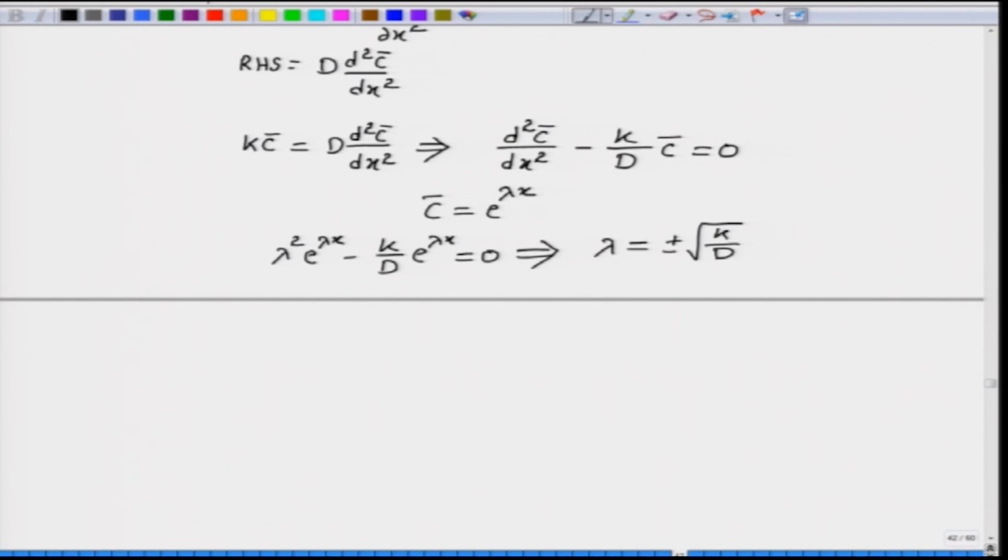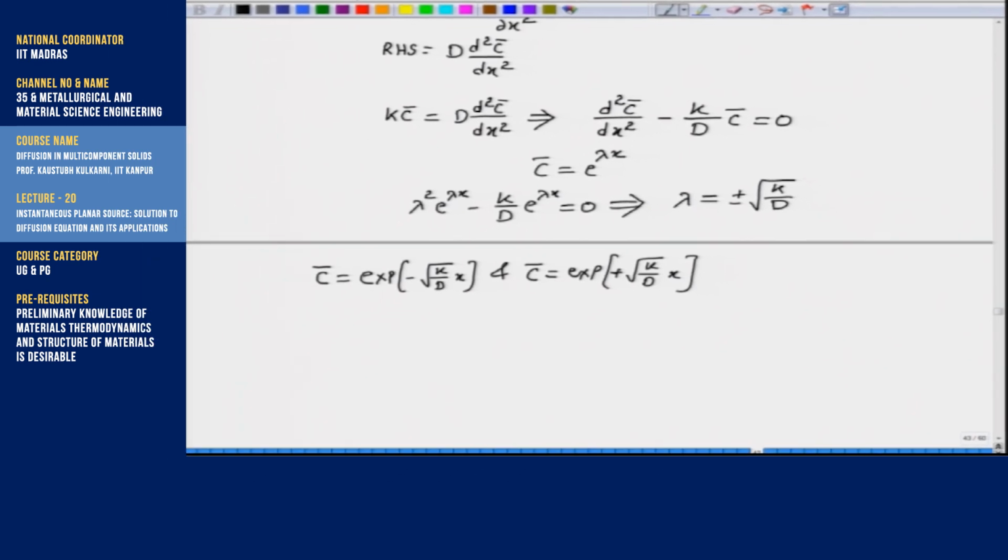So, we have two solutions here. One is c bar equal to exponential minus root k by D x, and the other is exponential plus root k by D x, and we know the linear combination of solutions is also a solution.